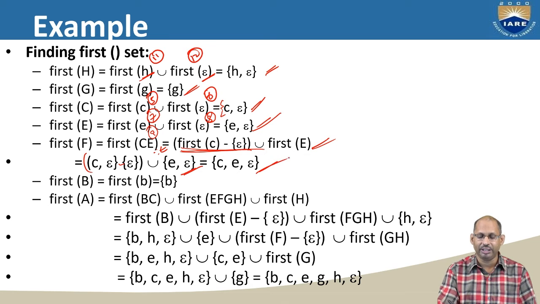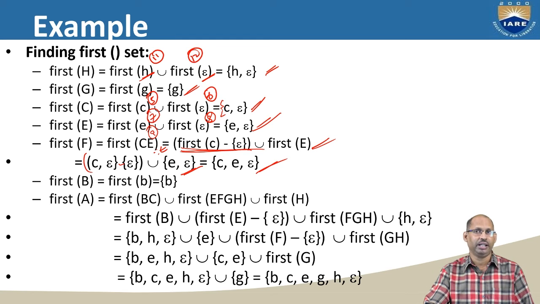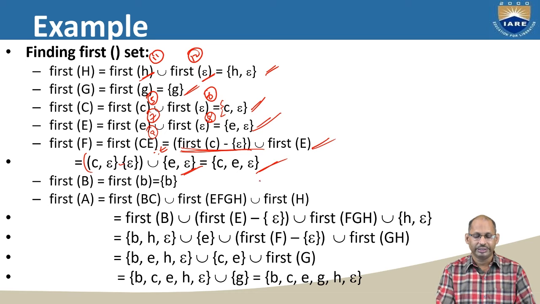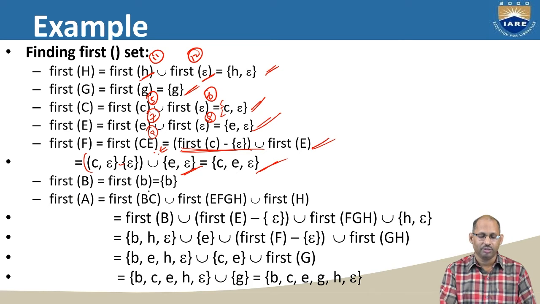Finally we get first of F is C, E, epsilon.